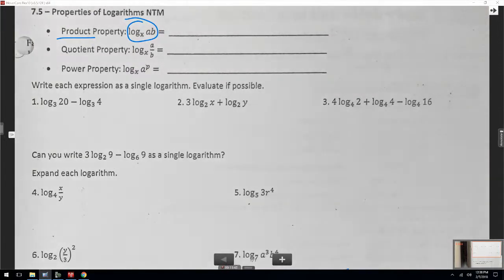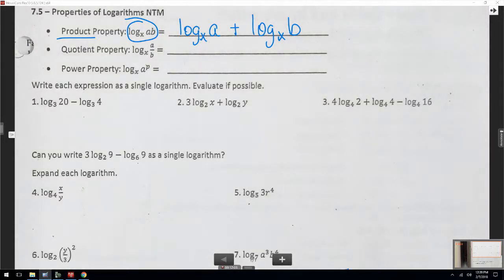So to take one logarithm and break it into two logarithms, you add the two of them together. You have log base x of that first guy, a, and then you add another logarithm with the same base of that other guy, b. And that's it. You took one logarithm and split it into two. Or you could go backwards.